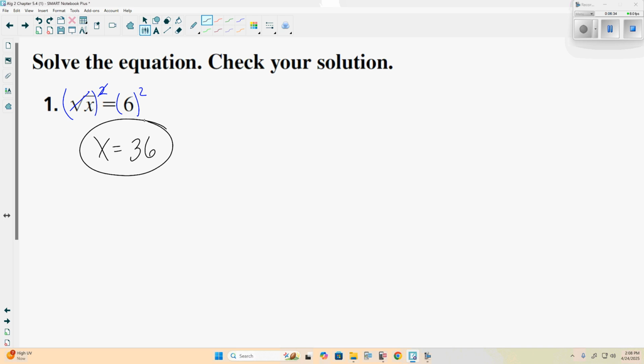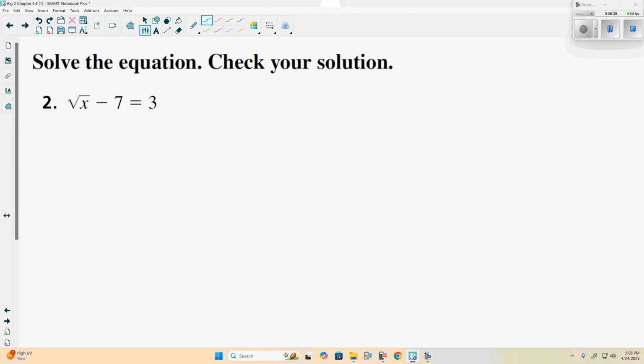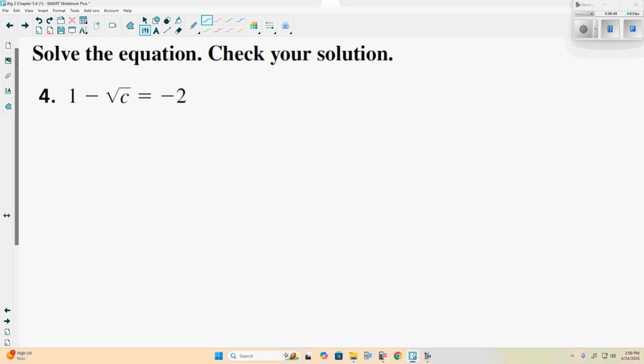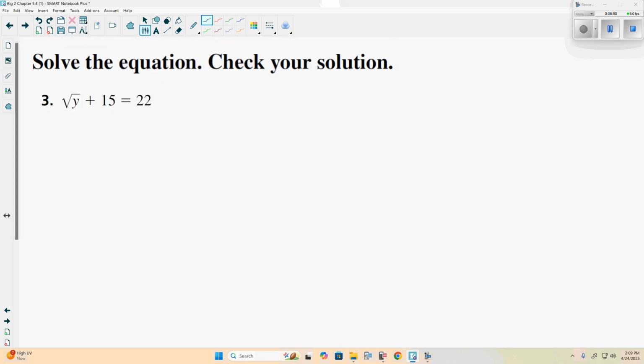Do we need to see another example of one like this? This here, x is going to be 100. And this is 49. So do we feel comfortable with these here? Minus 15.